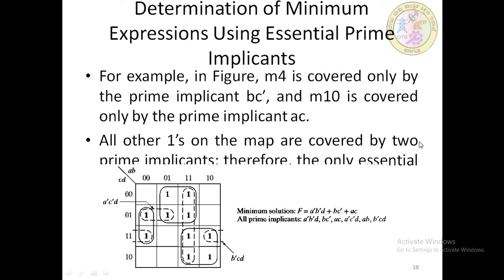Next we'll move to the next one. Here you can see M4 is covered by only the prime implicant BC bar. M4 is only covered by the prime implicant BC bar, and M10 is only covered by the prime implicant AC.